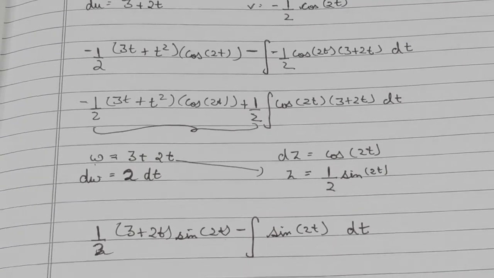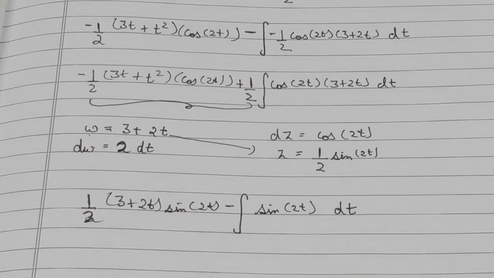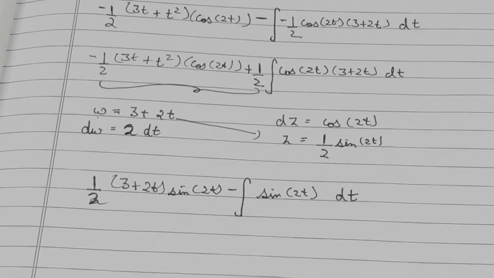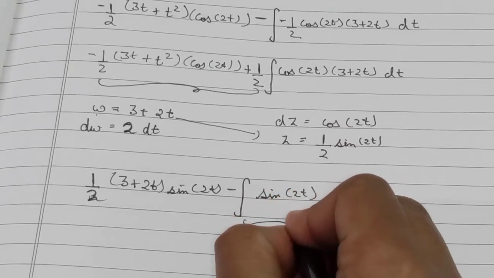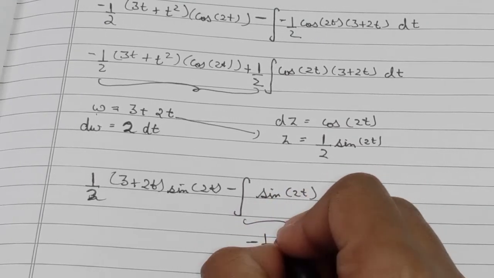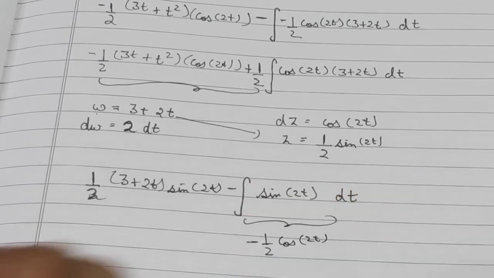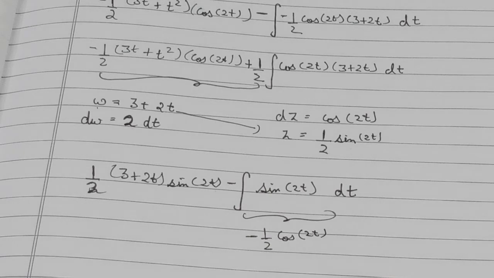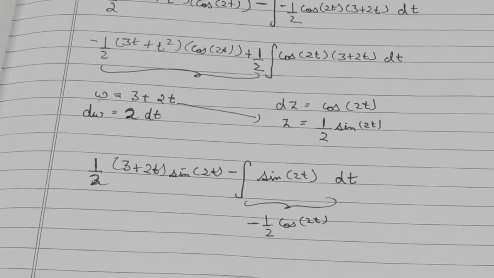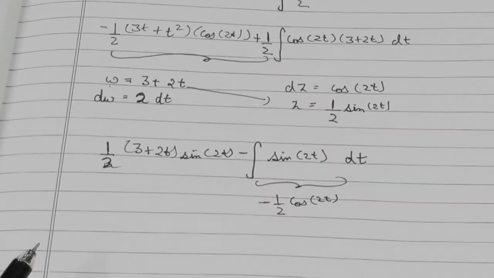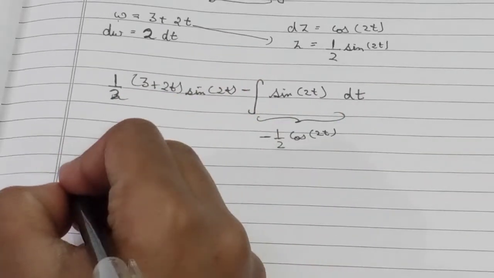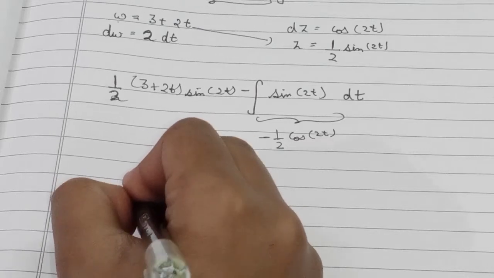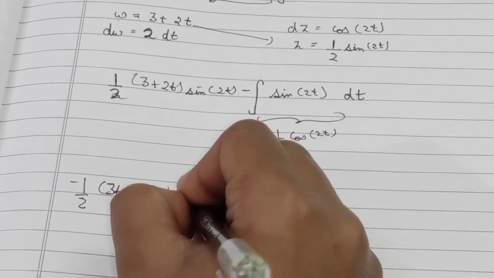Now if we integrate the integral of sine of 2t, we have done it already here, so this will be negative 1/2 cosine of 2t. Since we have a negative already outside, if we write the whole answer, we have first this part, negative 1/2 (3t + t²) into cosine of 2t.